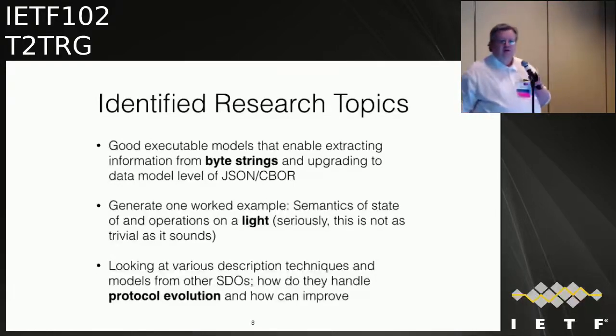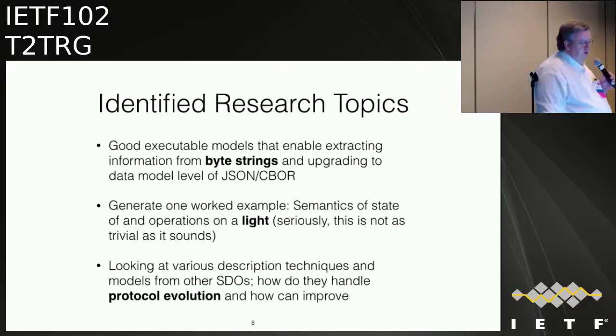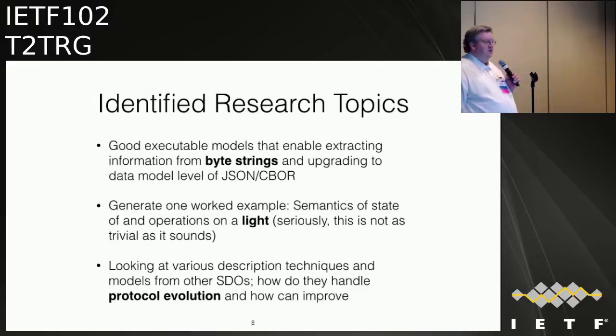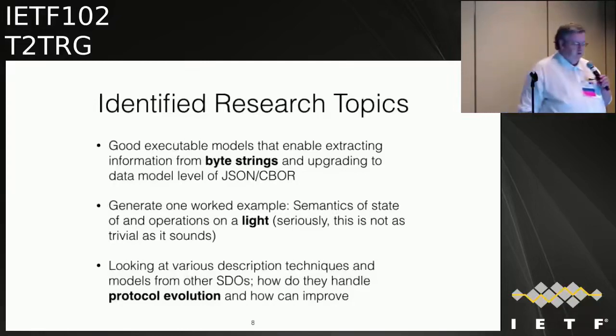So maybe this is something that most of us think we understand, but we can generate a good work example for describing actions and properties and events and so on around something that seems to be trivial, but in reality isn't. So that would be some effort writing things up and completing it. Maybe not a classical research paper, but something that a research group might be good in generating.